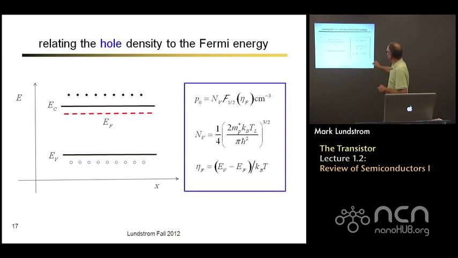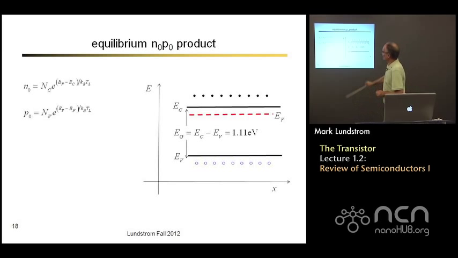And you can go through the same kind of argument, and you can relate the hole density to the Fermi energy with a Fermi-Dirac integral. There's an effective density of states that involves the hole effective mass, and the parameter eta f now is the difference between the top of the valence band and the Fermi energy. Okay, and I can simplify the whole expression for Boltzmann statistics as well.